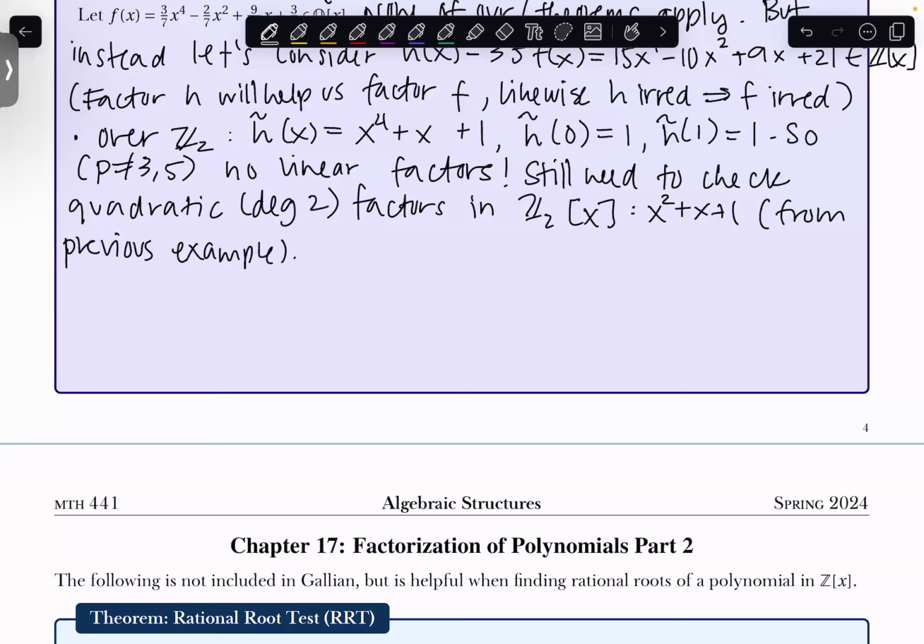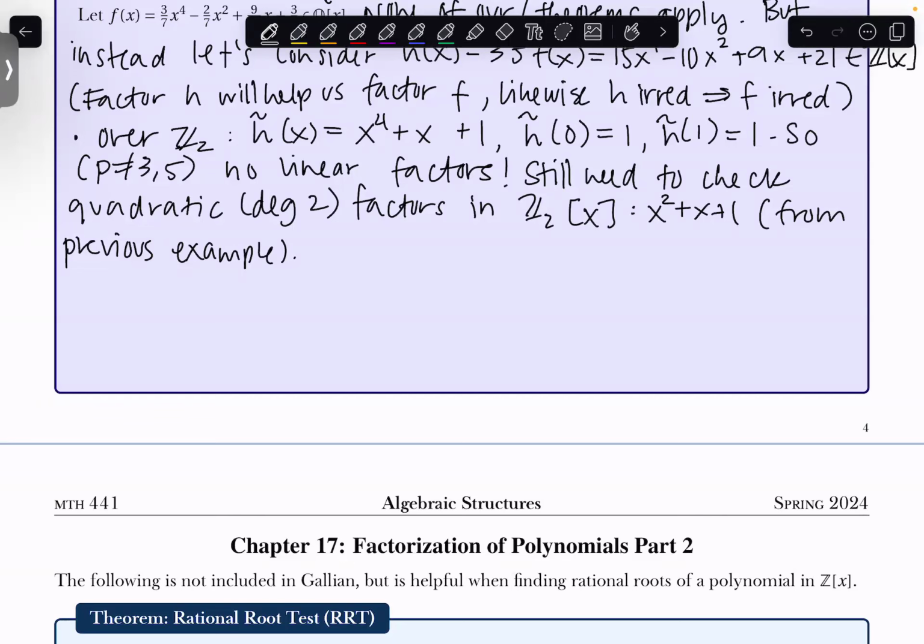Okay. And now what can I do to be able to show that this is not a factor? This is my only option. My goal is to show it's not a factor, because if it is a factor, then my h tilde is reducible, and then I can't say anything about h. So how do I check if this specific polynomial is a factor of my h tilde here? And how do I conclude something using my division algorithm?